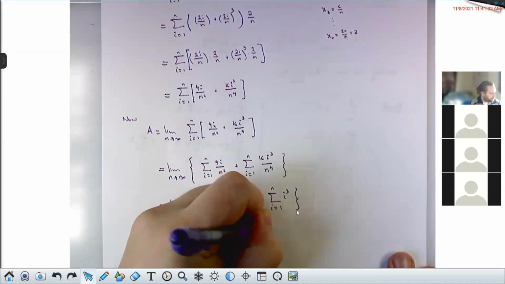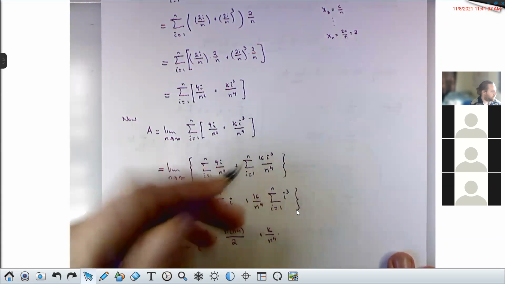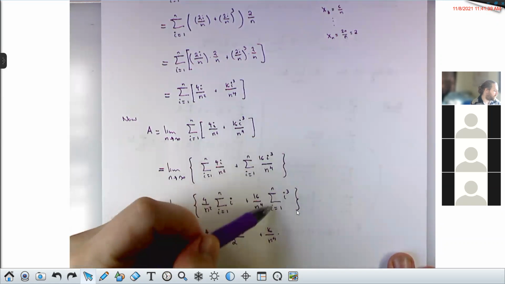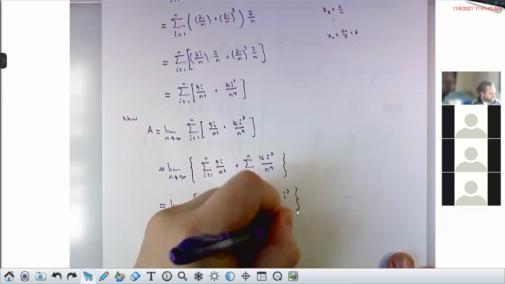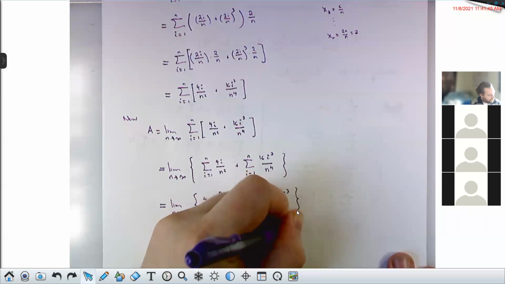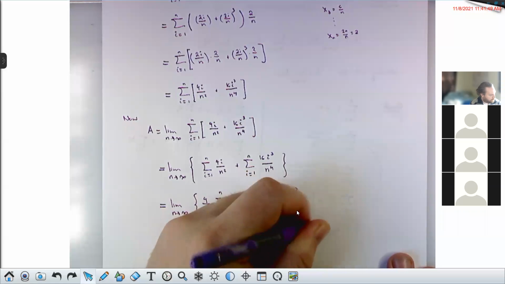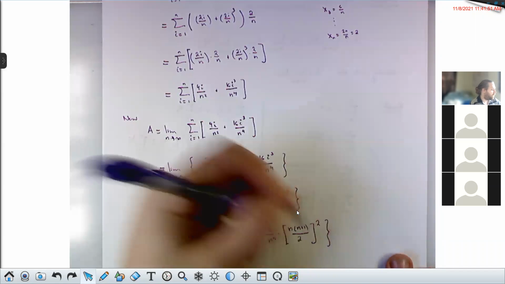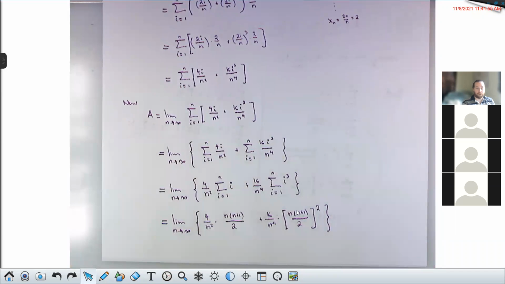And then I have here plus 16 over n to the 4 times the sum from i equals 1 to n of i cubed, which is this thing, but squared: n times n plus 1 over 2, all squared. So this is what we need to take our limit as n goes to infinity of.